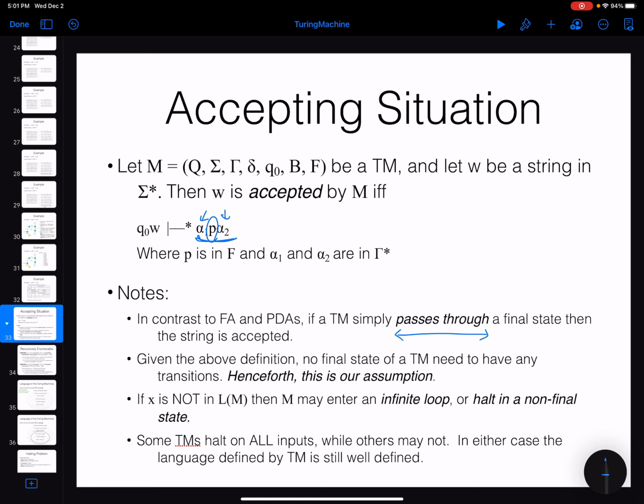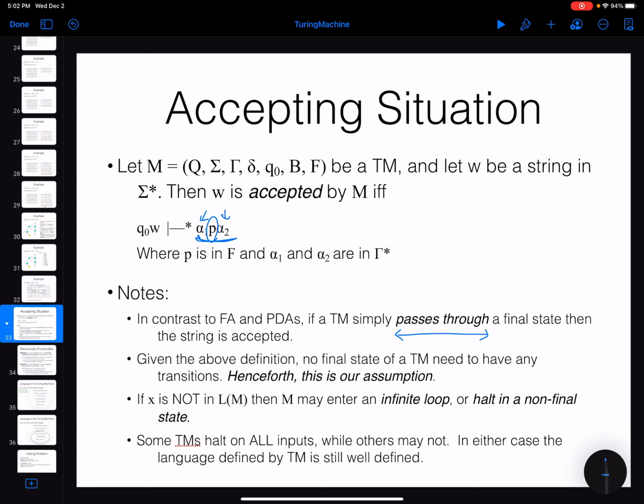For the Turing machines, we don't define any transition for the accepting states. After you enter any accepting state, the machine is going to stop. That's why at the beginning I told you that just one accepting state is going to be enough.